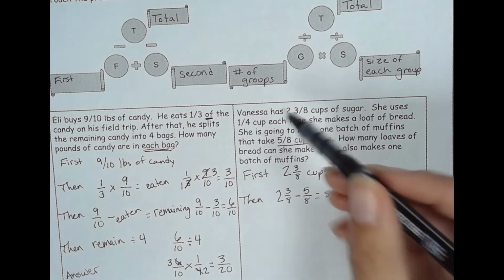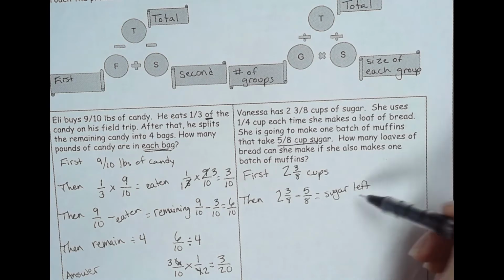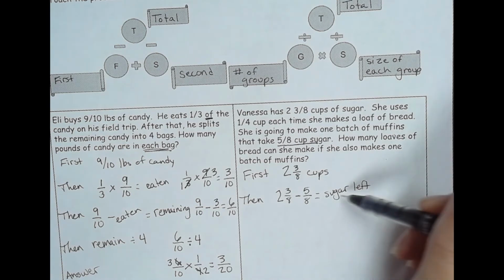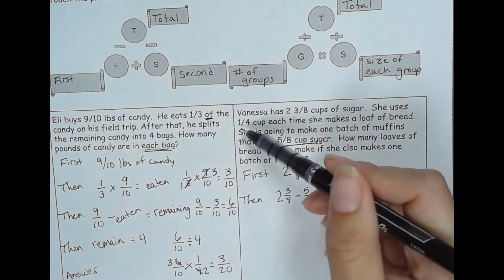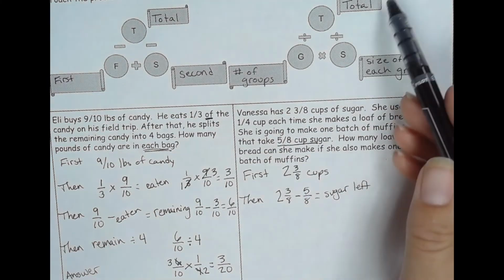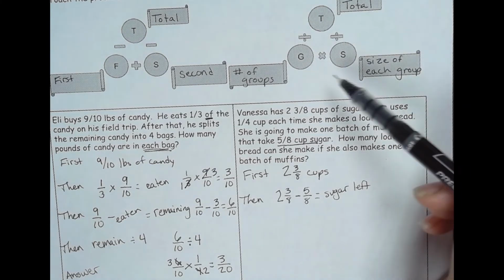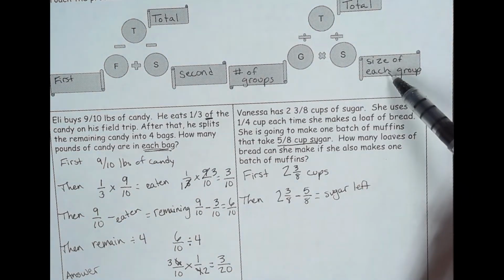So she uses 1/4 cup each time she makes a loaf of bread. So the sugar left would be the total amount of sugar. This would be the size of each group because each loaf would be a group. So thinking about this up here, I have a total, the sugar left, and I have the size of each group. Each loaf of bread takes 1/4 cup of sugar.